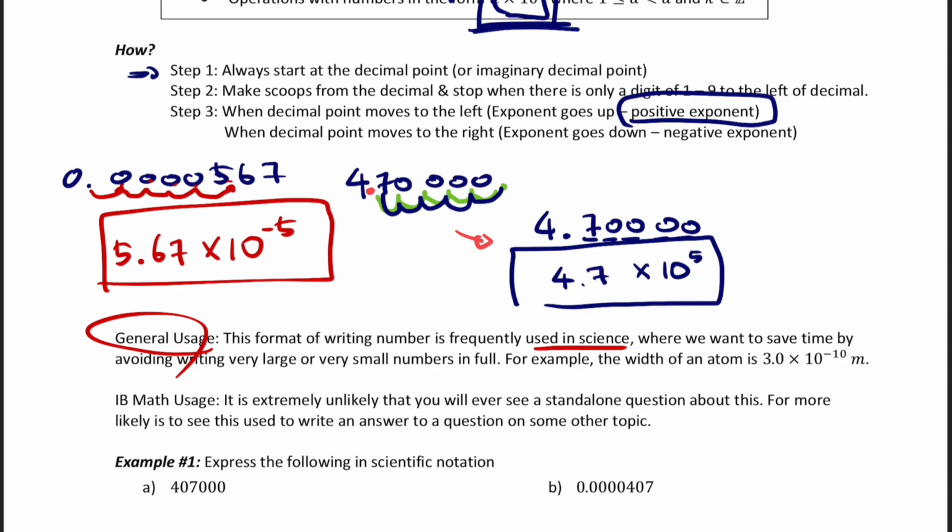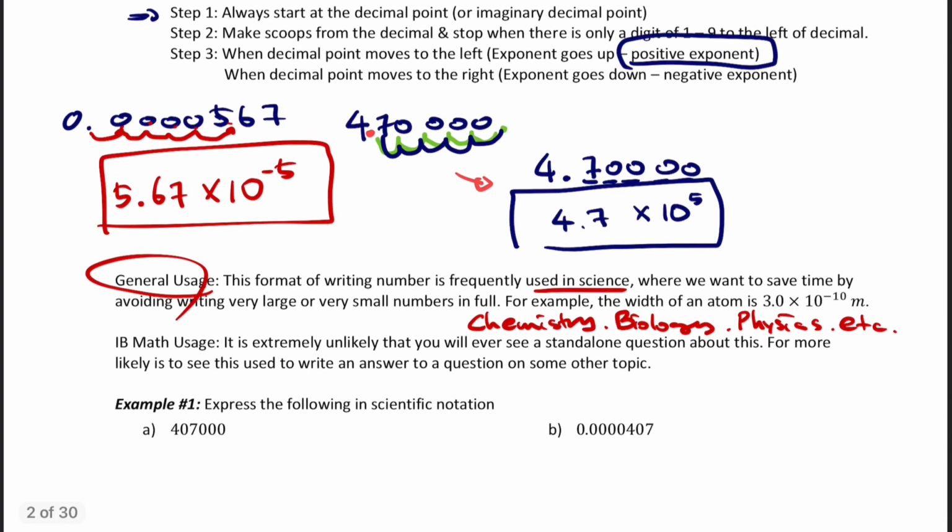Scientific notation is also used in chemistry, biology, physics, and so on. However, in IB math class, you're never going to see a question just asking about scientific notation. You will most likely use it to write your answer.